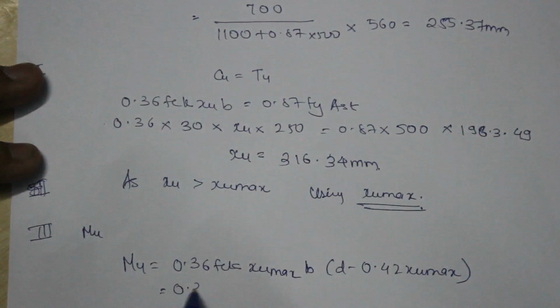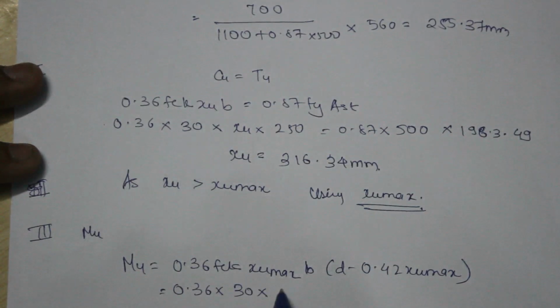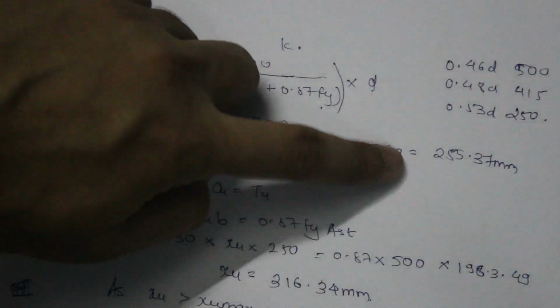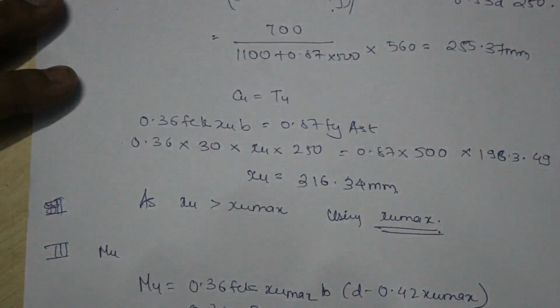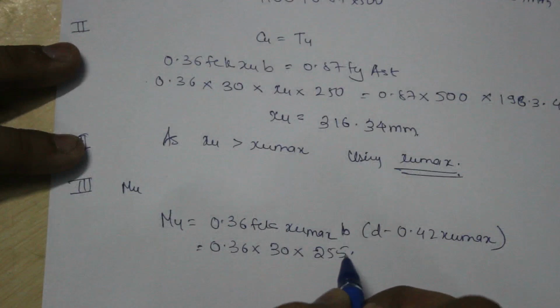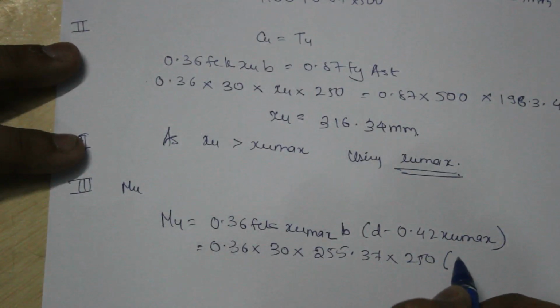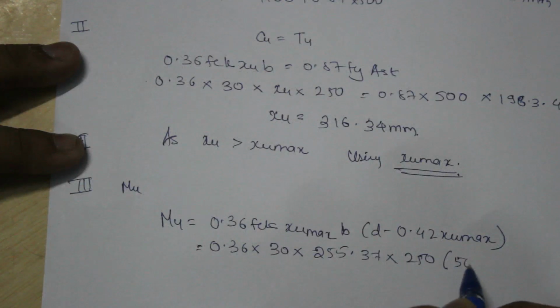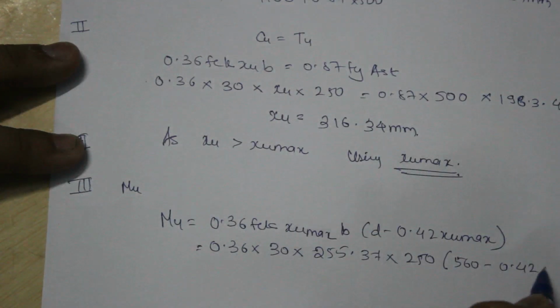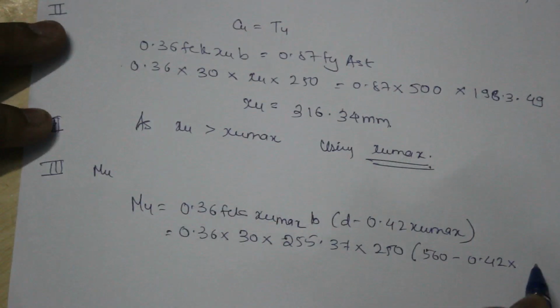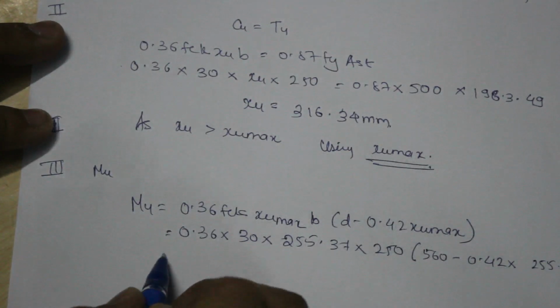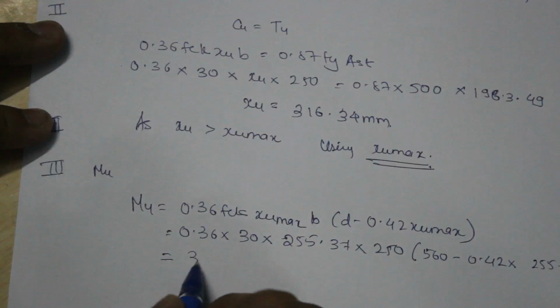So that will be 0.36 multiplied by 30 into XU max value, which was 255.37, multiplied by 250 multiplied by the effective depth, 560 mm, minus 0.42 into 255.37.